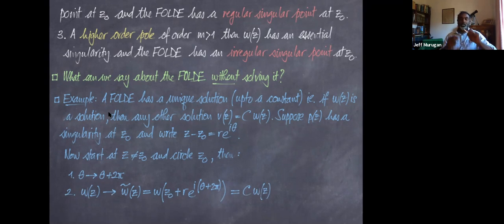So again, I start at the point z that's not equal to z naught. I traverse z naught in a circle. That changes W of z to some W tilde of z, and that W tilde of z must be, by uniqueness, equal to some constant times W of z. Okay, because in traversing the point, I haven't changed anything about the fact that we're talking about a solution of the differential equation. So W tilde is still a solution of the differential equation.